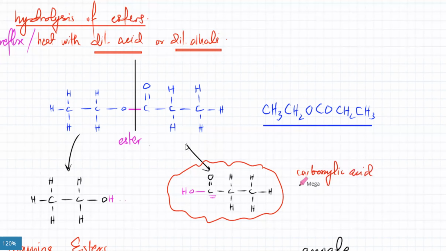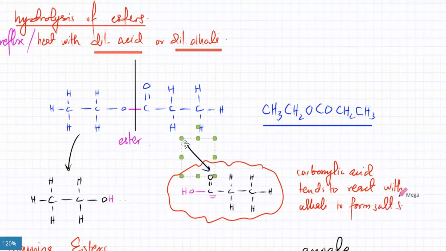So carboxylic acids tend to react with the alkali to form salts. So alkaline hydrolysis has this problem: you're not going to get the carboxylic acid.